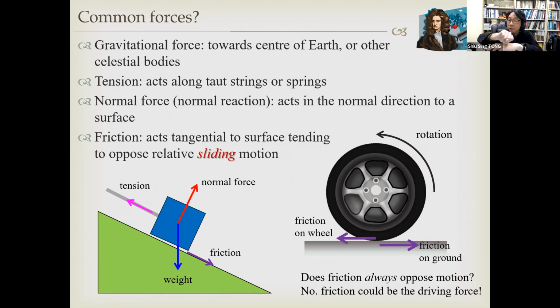But the road produces a frictional force to oppose that. So the frictional force actually tends to oppose the sliding motion between the two surfaces. Although it provides the propelling force for the car, it tends to oppose the sliding motion. It tends to prevent the tire from sliding over the road. So it's correct to say that friction tends to oppose the relative sliding motion between the two surfaces. That is a correct statement.